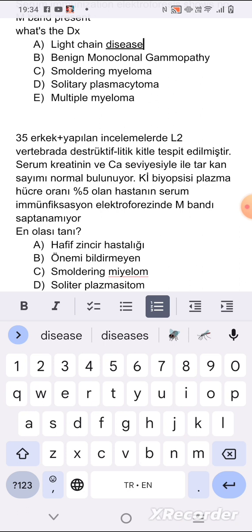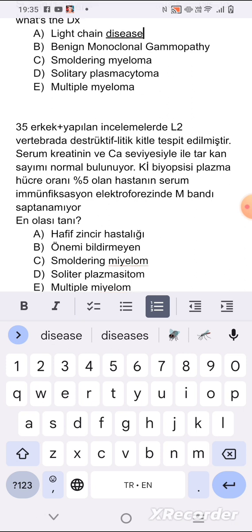I mean, there are no lytic lesions, which means no hypercalcemia, which means no renal insufficiency, because renal insufficiency is associated with hypercalcemia in multiple myeloma, whereas renal damage is associated with light chains. And when we talk about nephropathy, right, it is associated with amyloidosis in multiple myeloma.